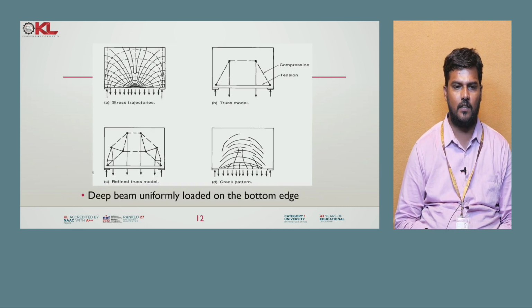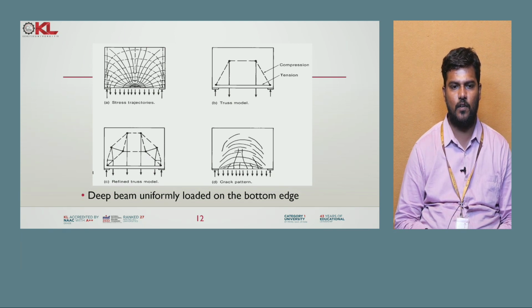Whereas for the D beams uniformly loaded from the bottom edge, in the case of stress trajectories also, the shear stresses are developed throughout the entire beam, which is evident in figure A. And in the case of the truss model, you can see at the top portion you will get the compression, and at the bottom portion we are getting the tension.